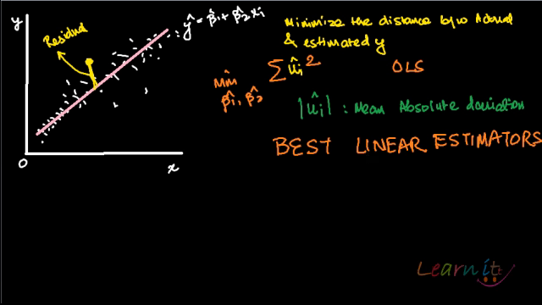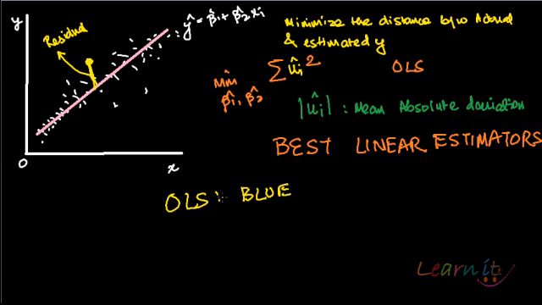Under the assumptions of the Gauss-Markov theorem, OLS estimators are BLUE. We'll talk about what exactly this BLUE means.